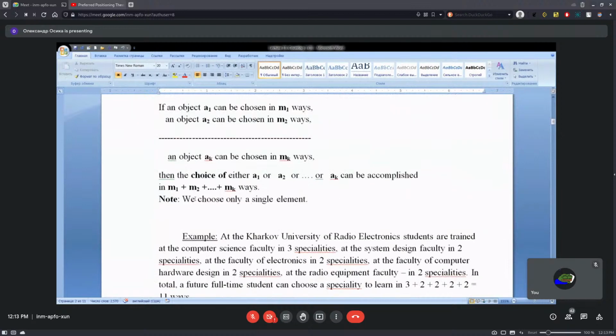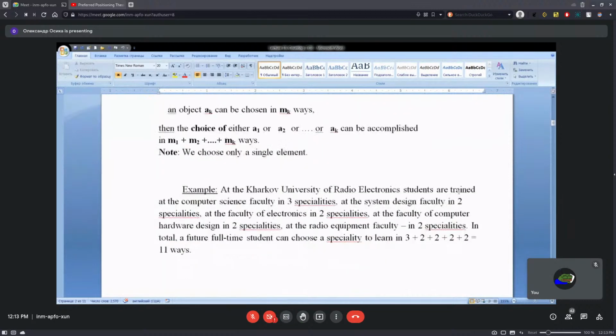Note, we choose only a single element. Example.